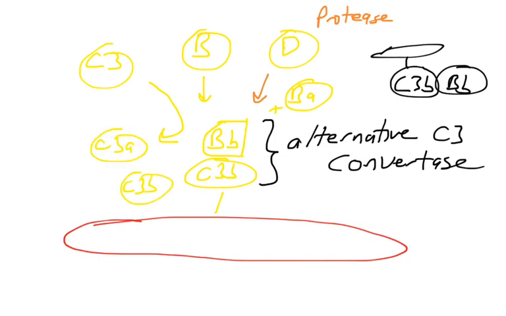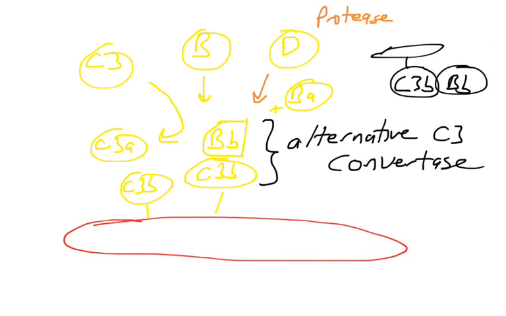C3a and C3b. The difference here between the alternative C3 convertase and the soluble C3 convertase is the soluble version is near the surface of a pathogen, so maybe it'll hit the pathogen a couple times randomly. The alternative C3 convertase is covalently attached to the pathogen, so when it is cleaving C3 to C3a and C3b, those C3bs are so close to the surface of a pathogen that they're going to be covalently attached almost immediately.